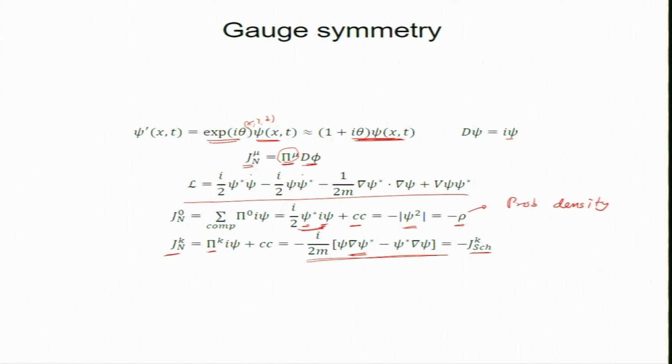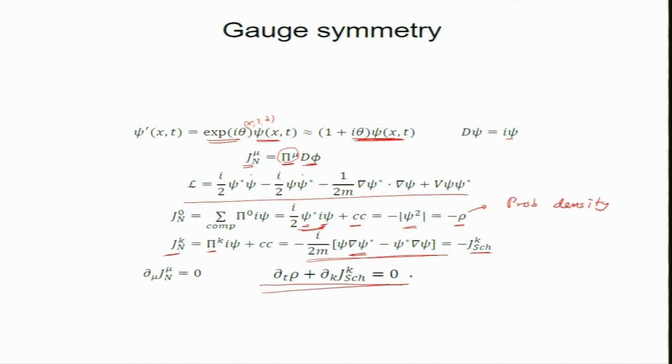Now what does the divergence of J give you? Take the divergence. There is only a change of minus sign, and minus minus we can ignore. So d t rho plus divergence of the Schrodinger equation current is 0. You have seen this before, no?